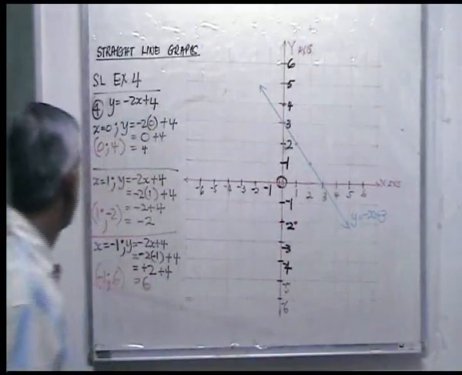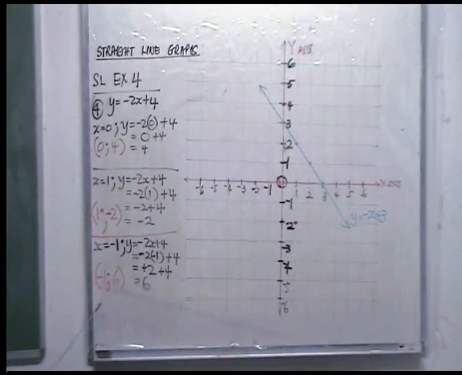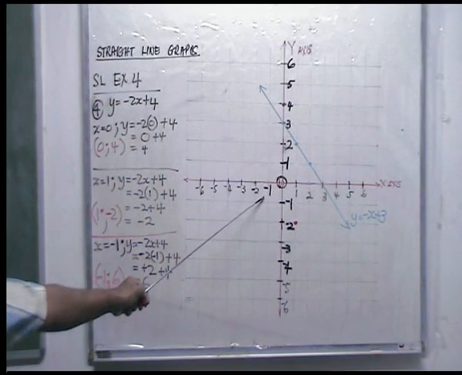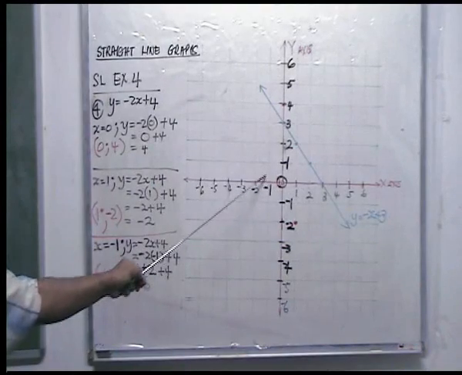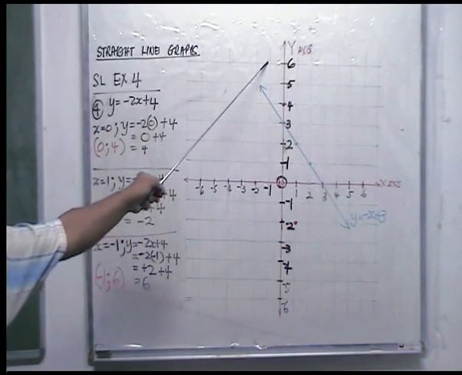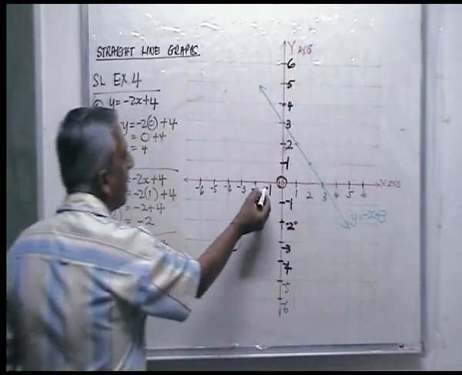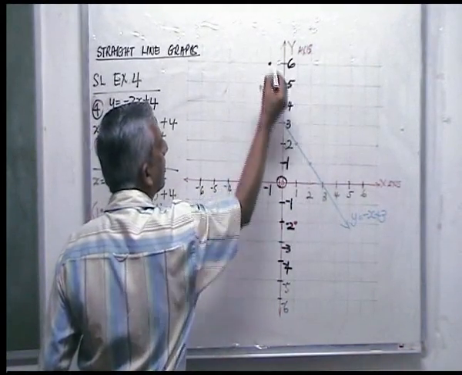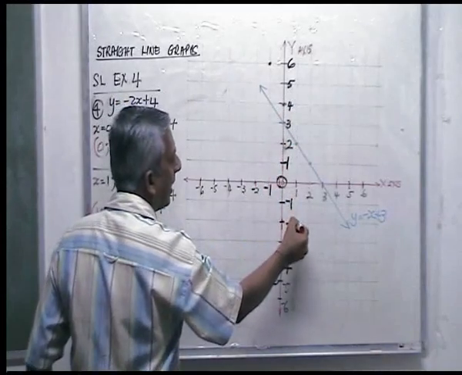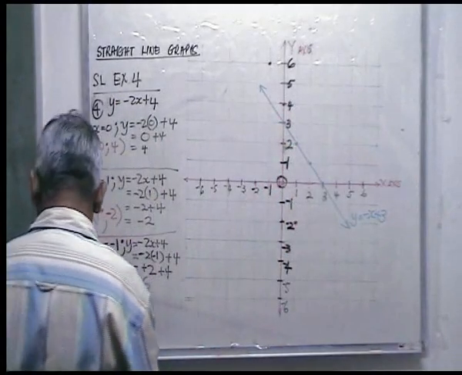And your third ordered pair is minus 1, 6. There's minus 1, and there's 6 right on top. So there's your dots.